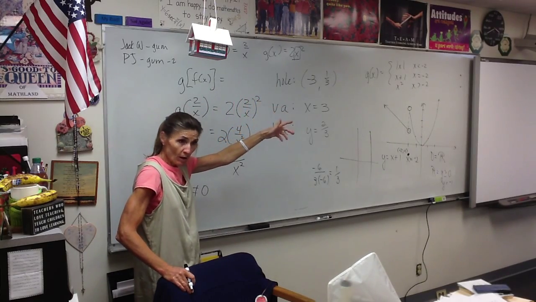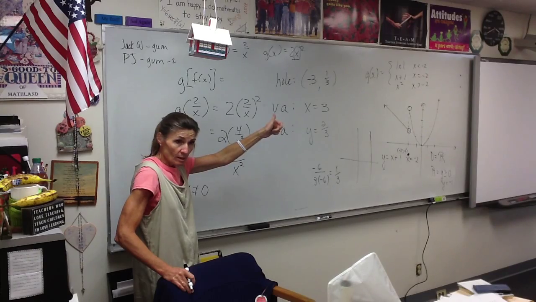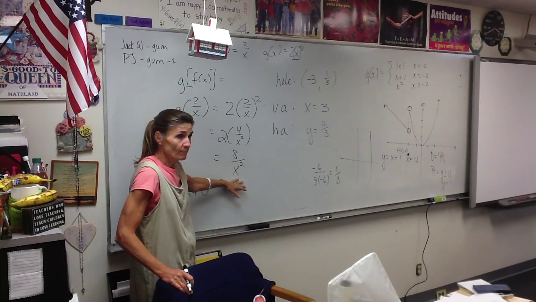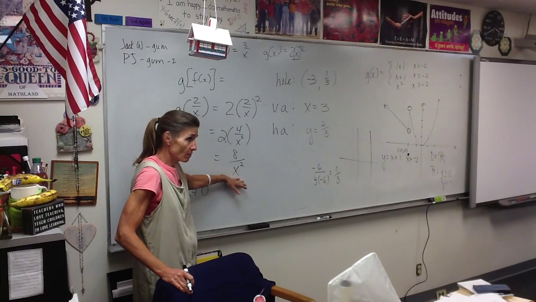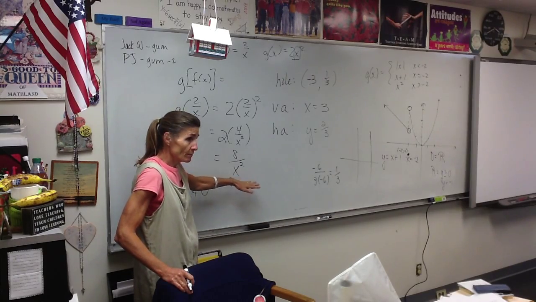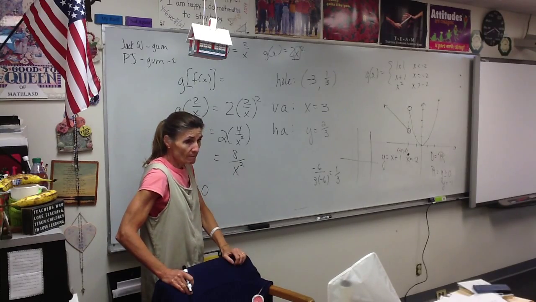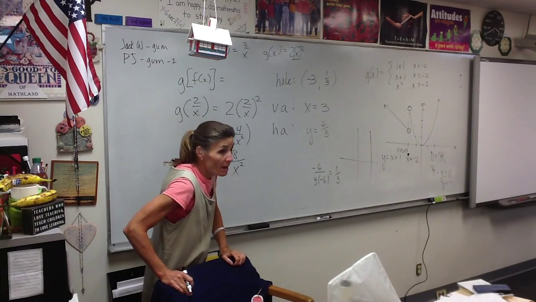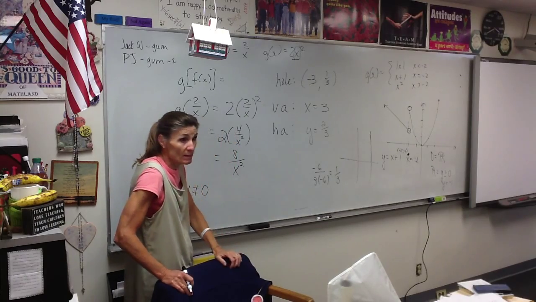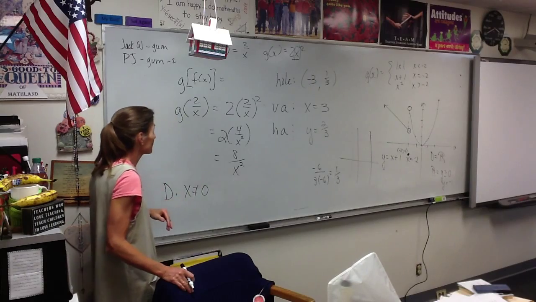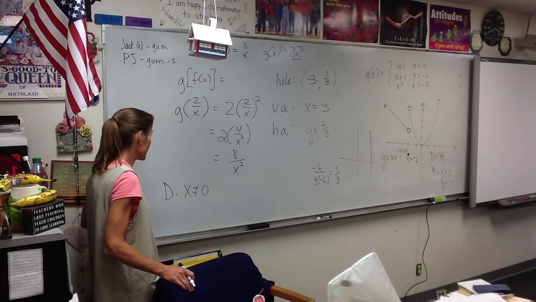Fractions, and why do I look for fractions? Because the denominator can't be 0. Do I have a fraction? Yeah. Denominator can't be 0. Right? What's the other thing I look for with domain? Square roots. Because why? Whatever's under them has to be greater than or equal to 0. Can't be negative, right? I don't have that in this case, so I'm not worried about it. So my domain is everything except 0.